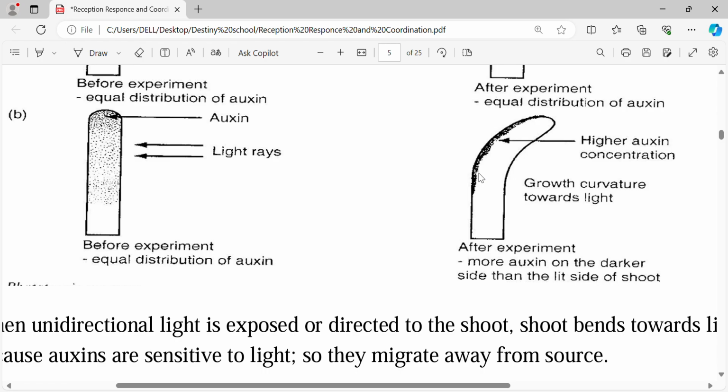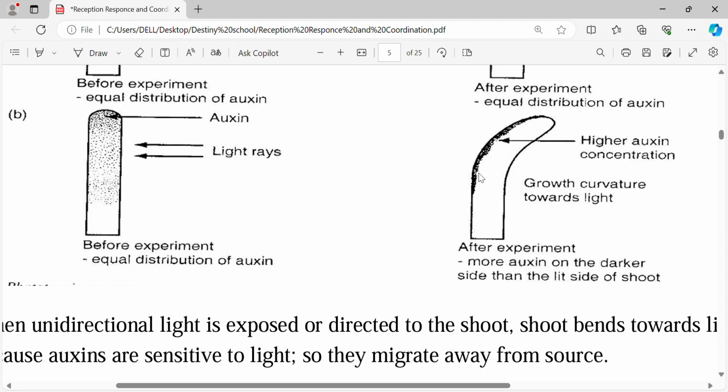One thing I want you to understand is that a high concentration of auxins in the shoot, the upper part of the plant, normally promotes faster cell elongation, which will lead to a faster growth rate.